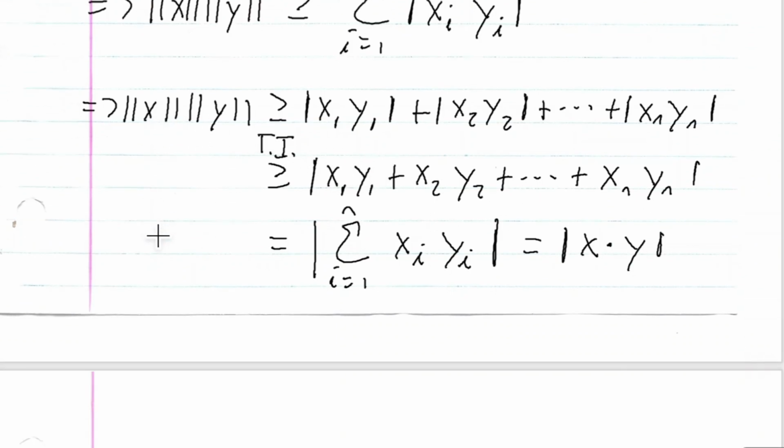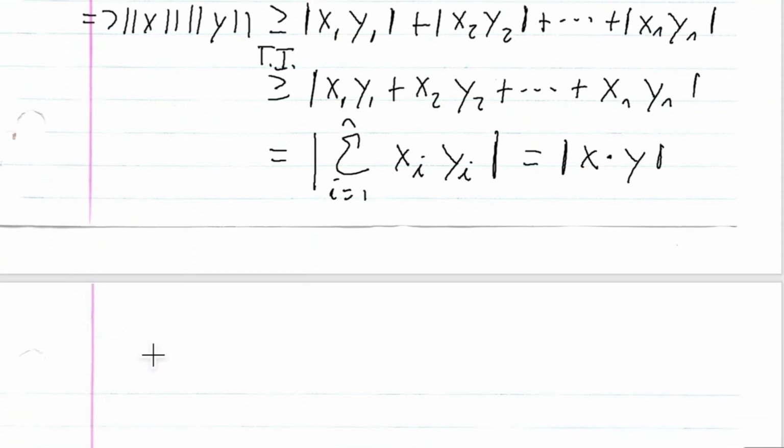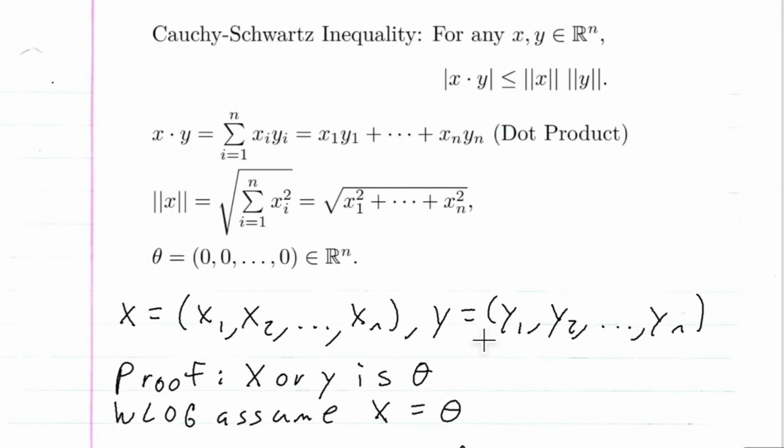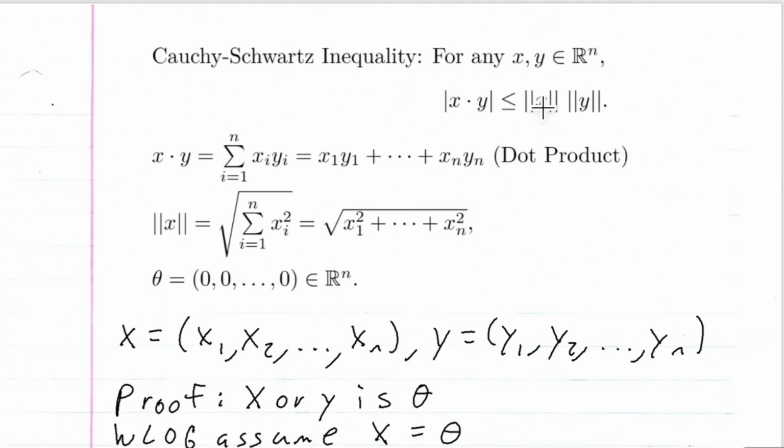Let me write what we got. We got the norm of x times the norm of y is bigger than or equal to the absolute value of x dot y.